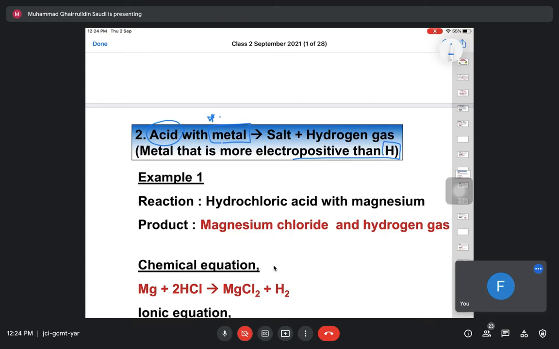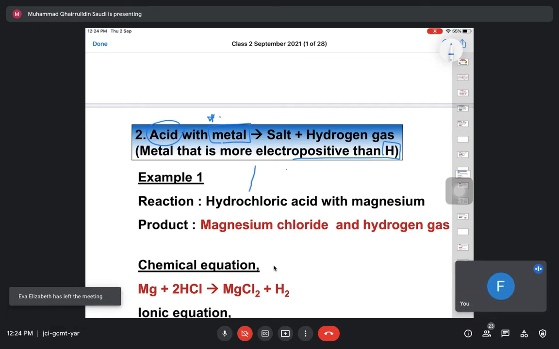Yes. So every metals that are above hydrogen is more electropositive than hydrogen and can react with acid. How about metals that below hydrogen? Can they react with acid? No, they cannot react with acid because they are less electropositive than H.